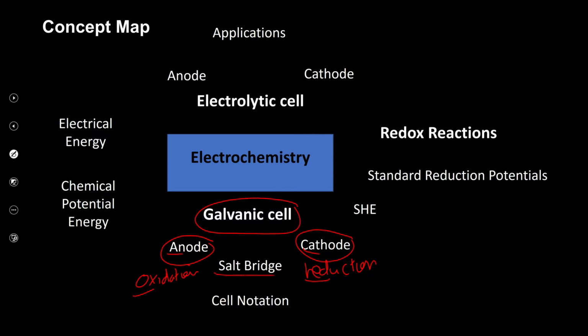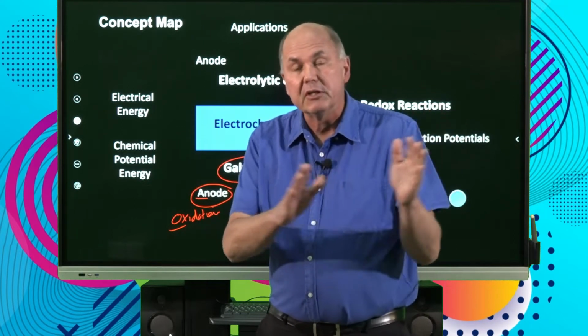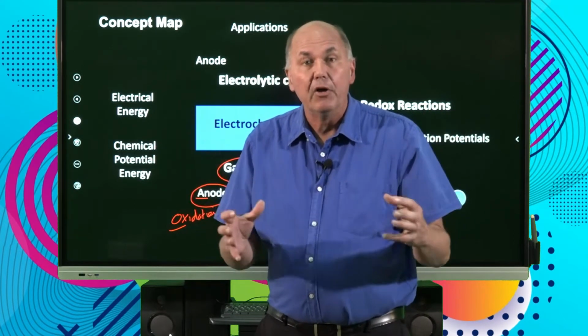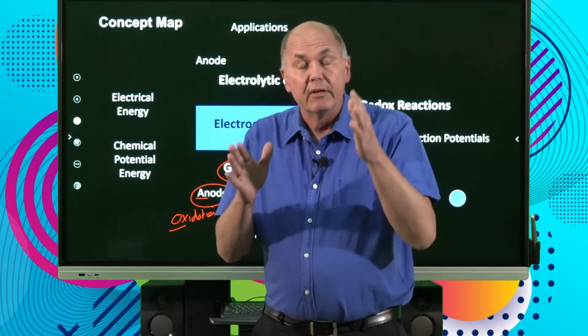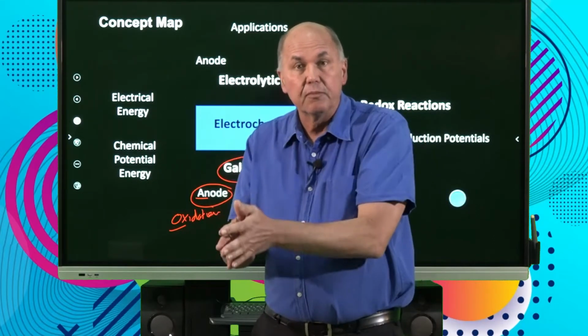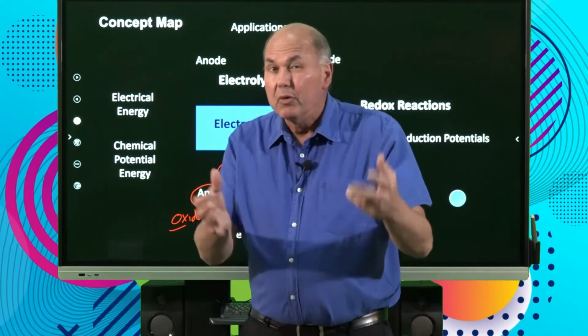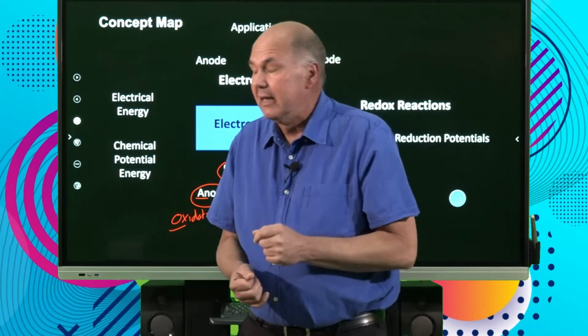They are joined by a salt bridge, and we know that we can draw diagrams of these, or we can simply put them into cell notation, where we have a specific order of putting those components. So we can show the electrode, what's in the solution, the salt bridge, what's in the solution, and the following electrode. We're going to practice a bit of that as well a little later.